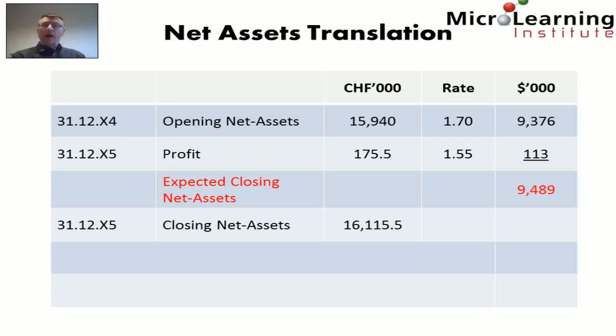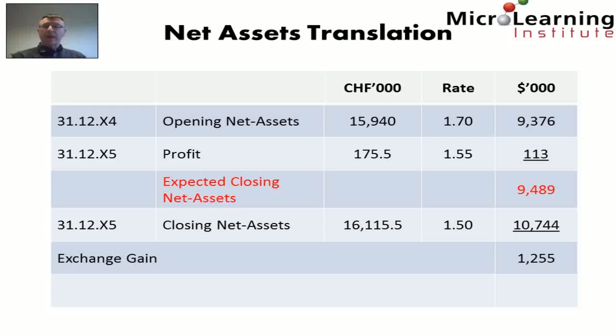which is $9,489,000. However, when we translate the closing net assets in Swiss francs of Lausanne of 16,115,500 at the closing rate of 1.5 at December X5, that actually translates to $10,744,000. So consequently we see we have an exchange gain, that being the difference between what we expected at $9,489,000 and what we actually translated to at $10,744,000.